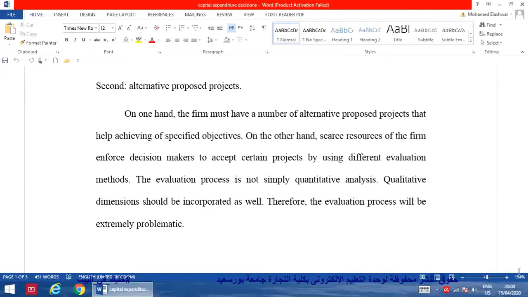And the evaluation process is not simply quantitative analysis. Qualitative dimensions also should be incorporated. Therefore, the evaluation process will be extremely problematic.